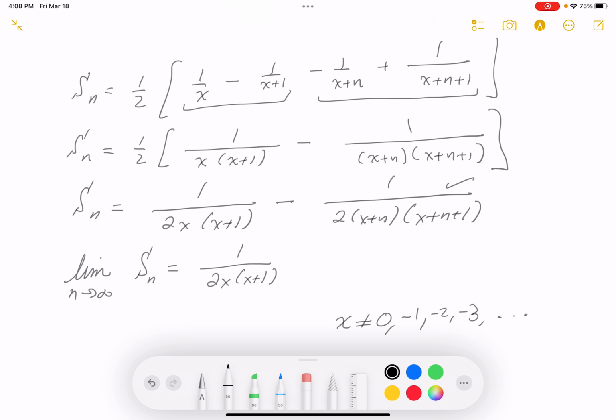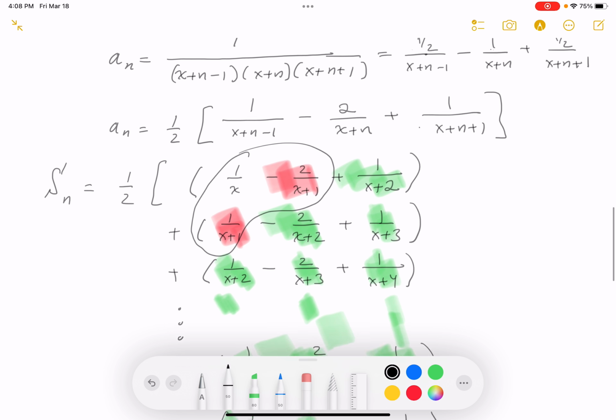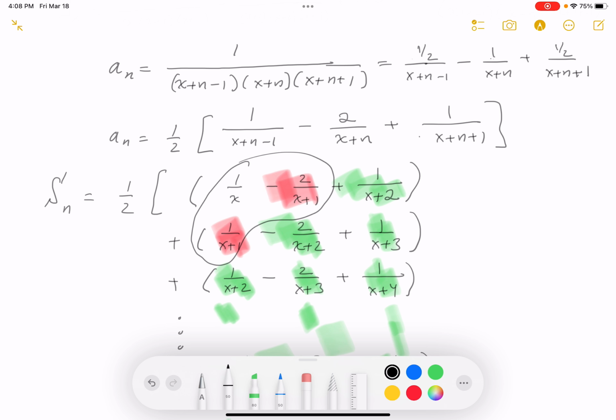All right? Let's look at our key and see how we did. I'm going to see if we got the goalpost or the milestone, so to speak. Was I able to write AN down? This is my AN. What's their AN? I'm looking at it. The only difference is I factored out a half.